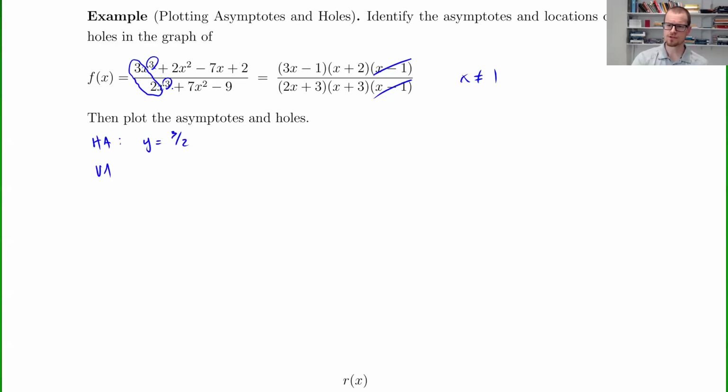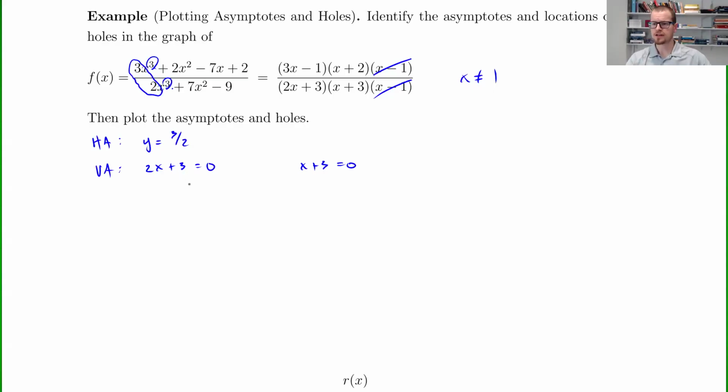For vertical asymptotes, those result from factors that remain in the denominator after simplification. So I have a factor of 2x plus 3, and I get a vertical asymptote when that is equal to 0. And I have a factor of x plus 3, which gives a vertical asymptote when that is equal to 0.